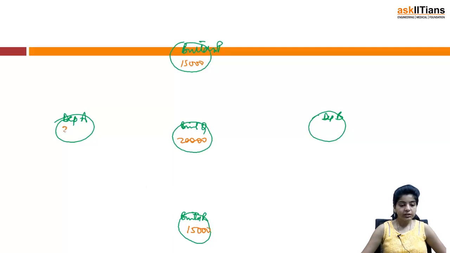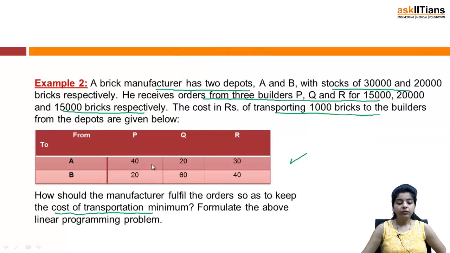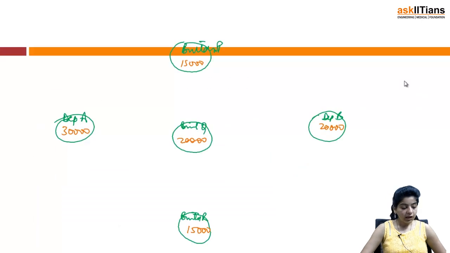And for depot A it is 30,000 and for depot B it is 20,000 bricks respectively. Now, the next thing is that just draw these arrows.